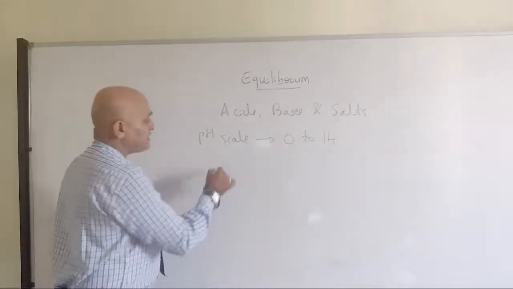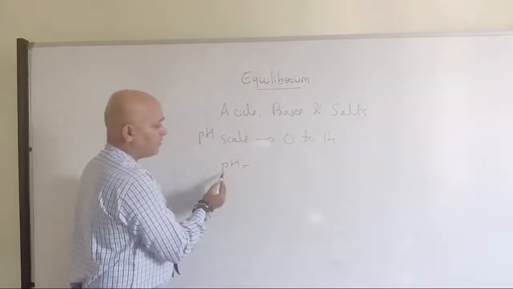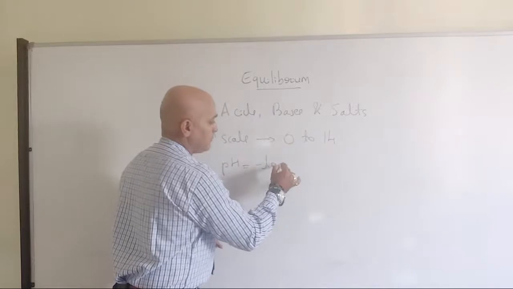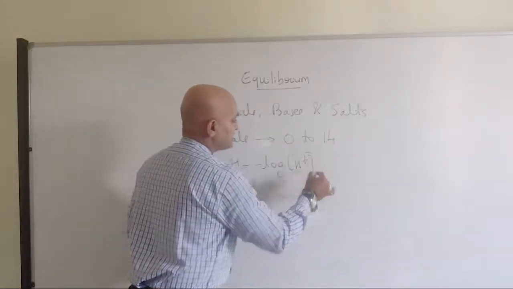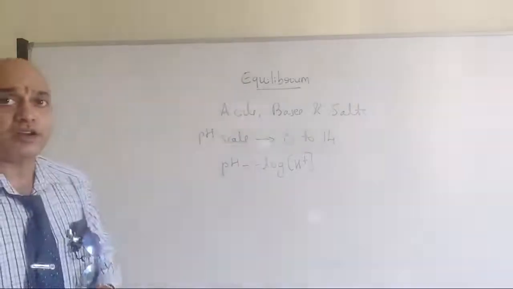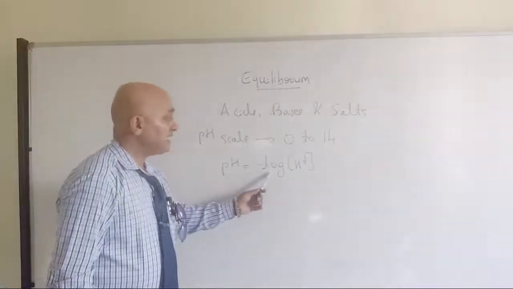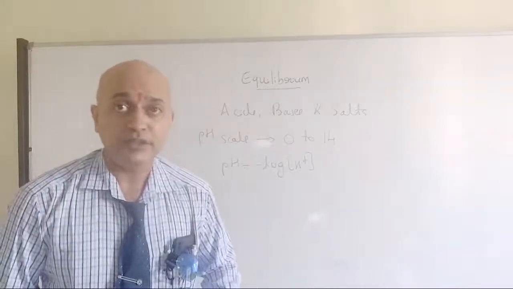However, what is pH? pH is nothing but the power of hydrogen concentration. That's what the P stands for, power. It is the negative log of the H plus concentration. Now when I say log, that means to the base of 10.